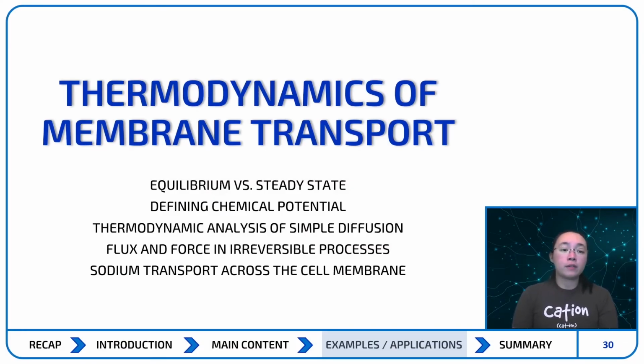The last part of this lecture really has to do with the thermodynamics of membrane transport. So we're going to take everything that we've learned and try and apply that to discuss the energetics of membrane transport. So the first thing we have to do is define what an equilibrium versus a steady state is, because the steady state is really important for us to make measurements and equations out of.